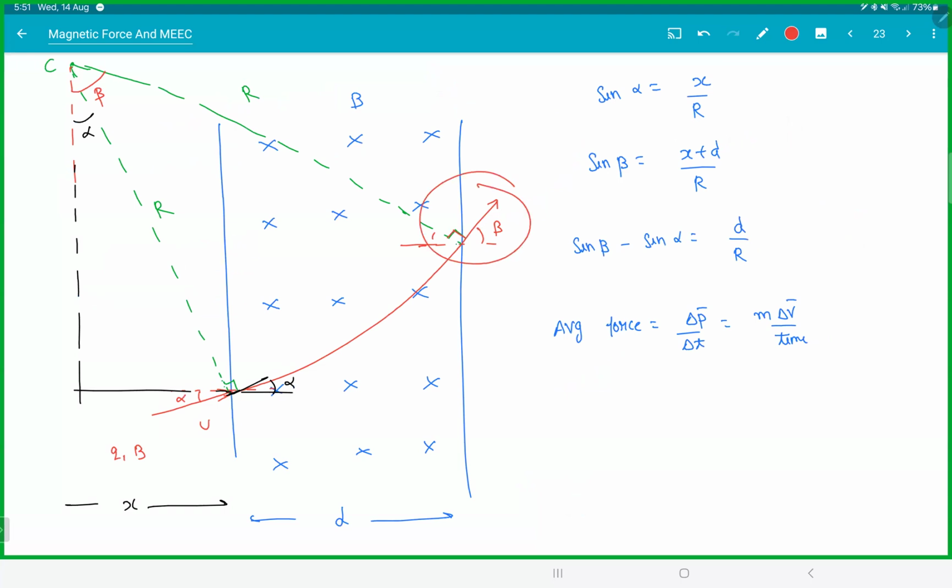If beta becomes greater than 90, it is turned inside. We will not handle that case. That's what Arjun was saying: valid for beta less than or equal to 90 degrees. If beta exceeds 90, this will go inside and this whole thing goes for a toss.